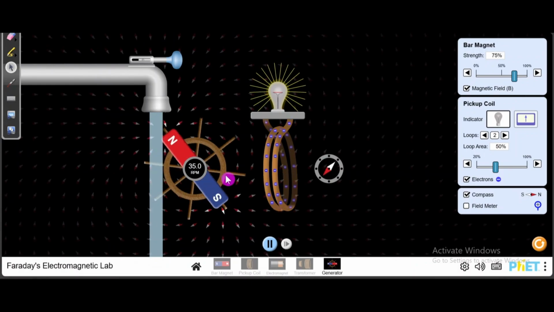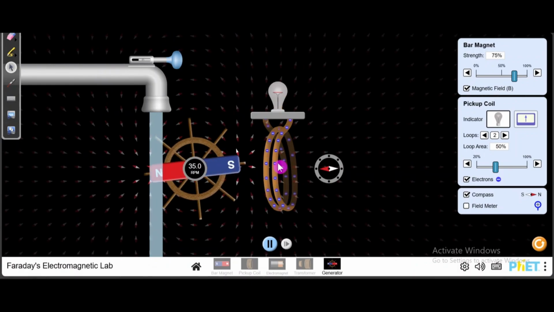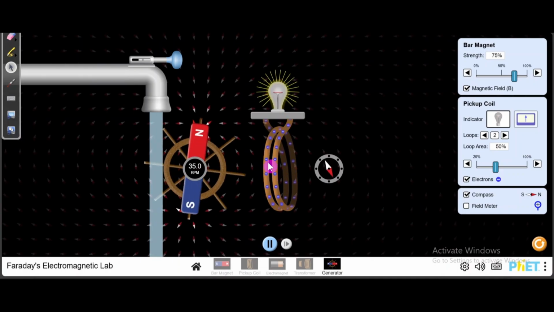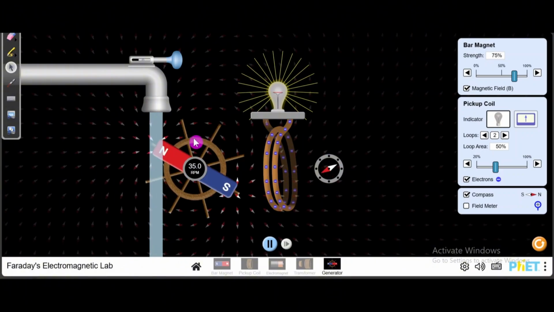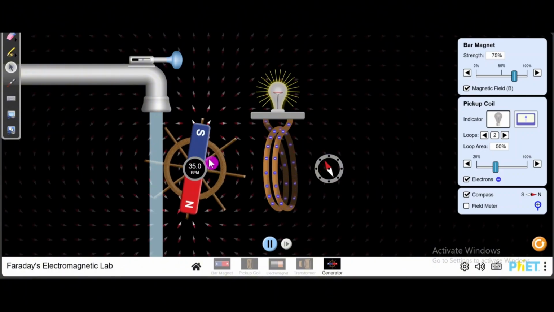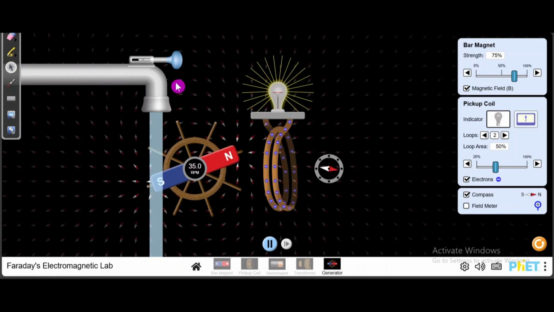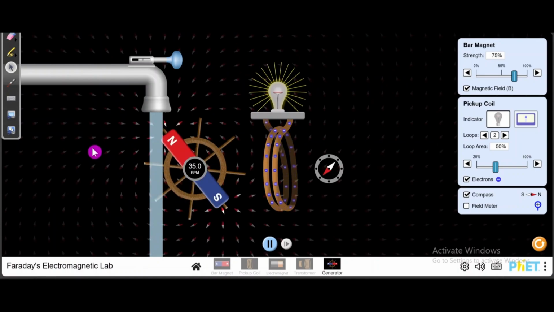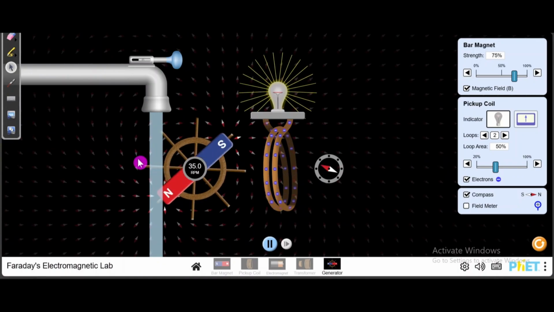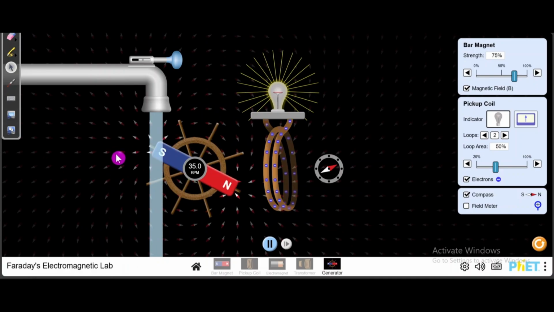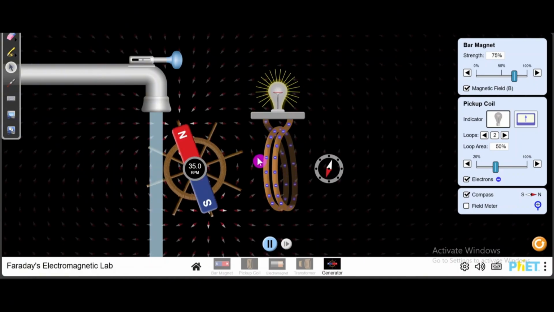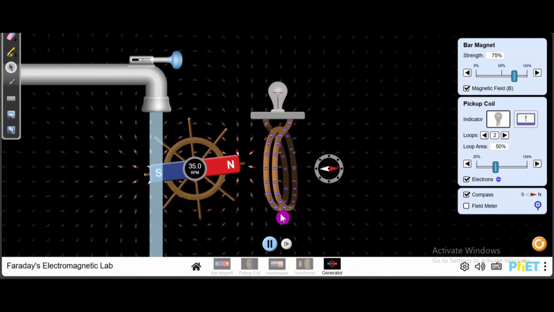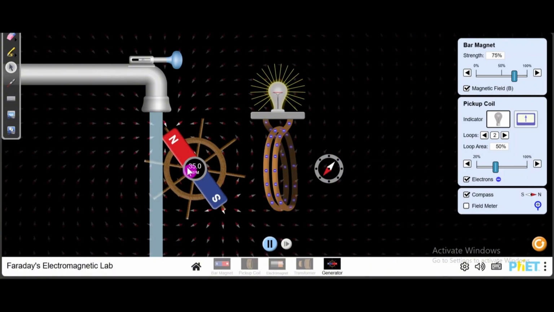Here, due to change in magnetic field, the force is exerted on the charges inside the circuit and compels them to move. In the case of the battery, the force on the charges in the circuit is due to the redox reaction. So this whole arrangement, this device, is called the source of electromotive force.